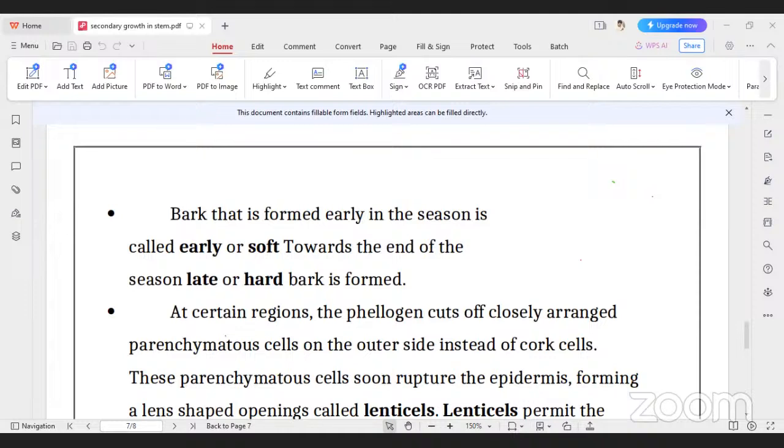Another commercial importance of bark: the bottle cork is made from one special tree, Quercus suber. This bottle cork is made from the bark of oak.